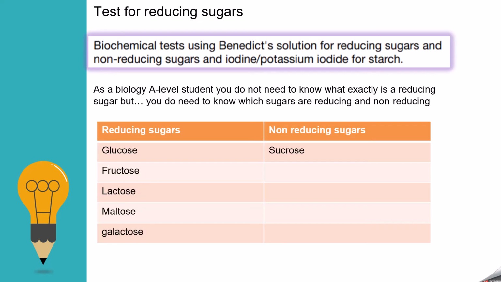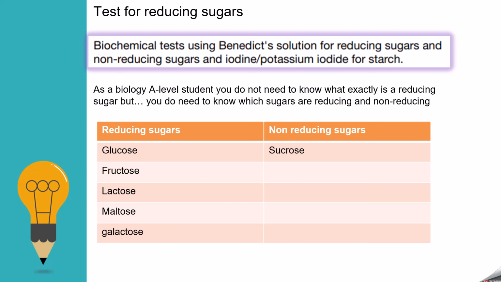So you need to know the difference, or work out the difference, between a reducing sugar and a non-reducing sugar. Annoyingly, teachers won't tell you what a reducing sugar is, what a non-reducing sugar is, so I'd be annoying and ask your A-level biology teacher.